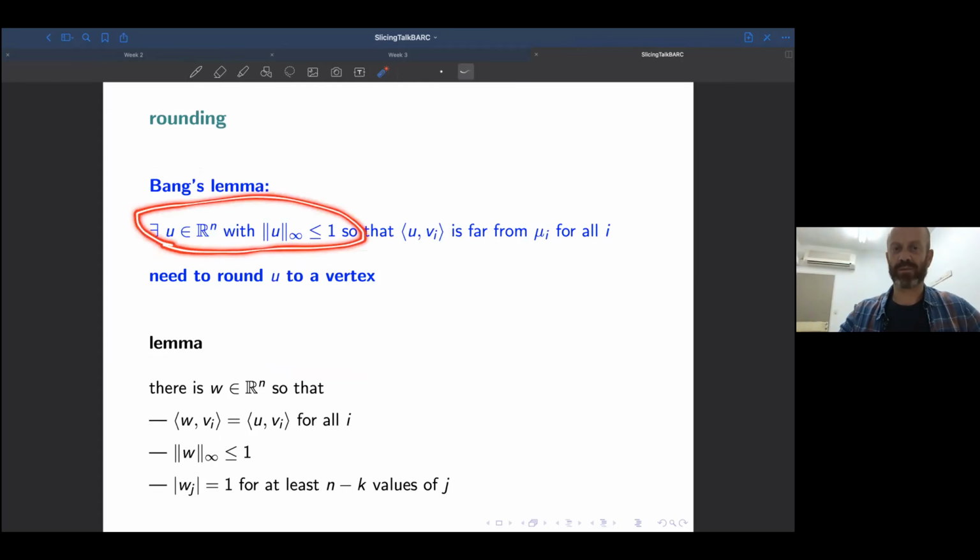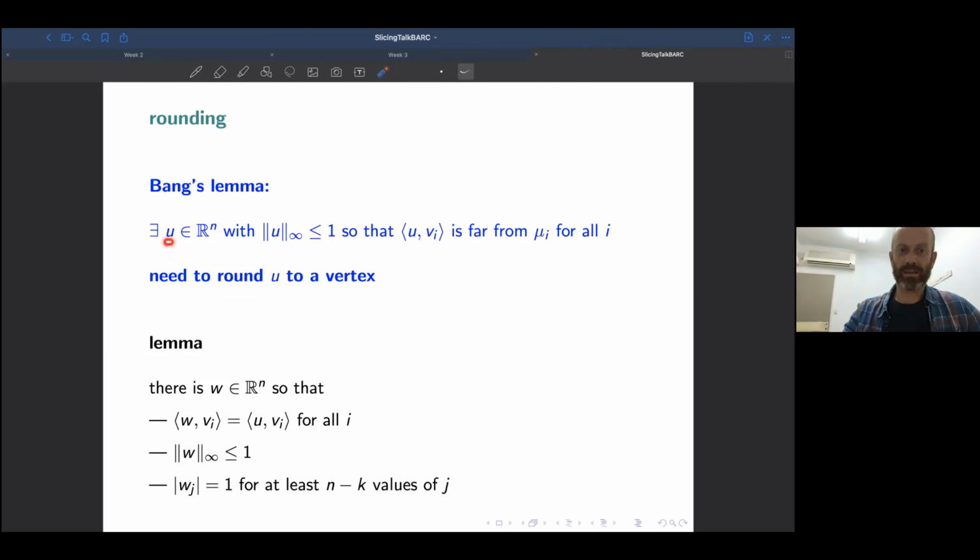This vector came from Banks' lemma, and it is far from all the hyperplanes, as you said. I didn't explain how, but this is something we found. Now we need to round it to a vertex. Now the first procedure in this rounding, I said, uses linear algebra. So this is the way it is done.